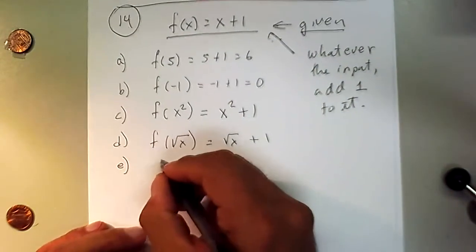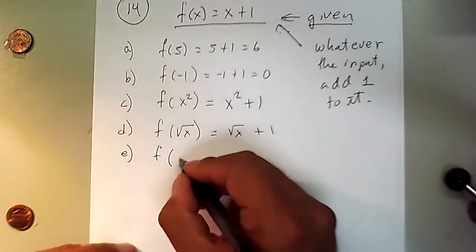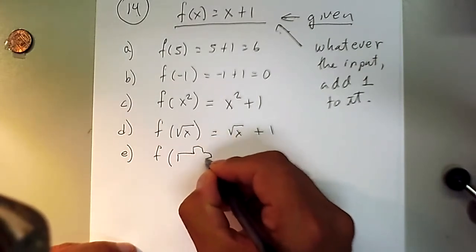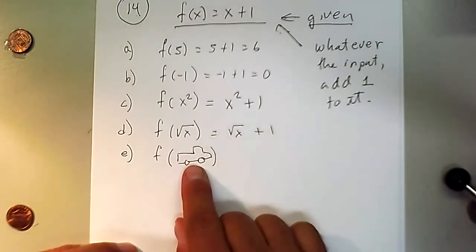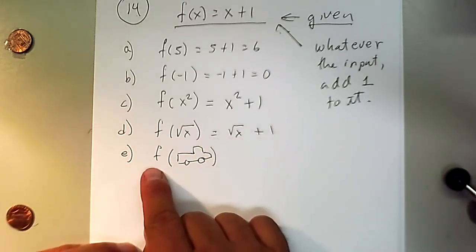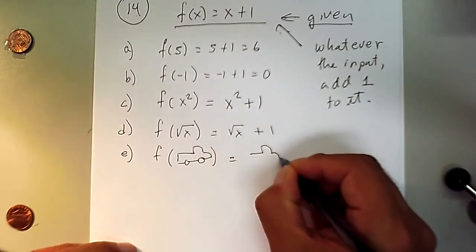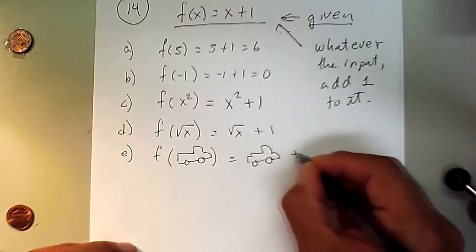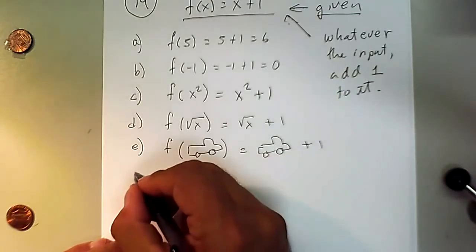E. Sometimes half jokingly and half not jokingly, I put a little pickup truck here. You know, that's our input. What is the output under this function? Well, the pickup truck plus 1. You may put anything in here, add 1.